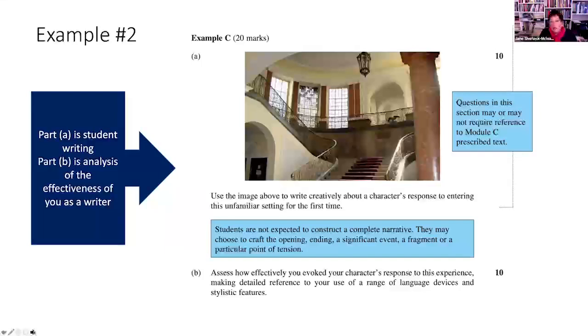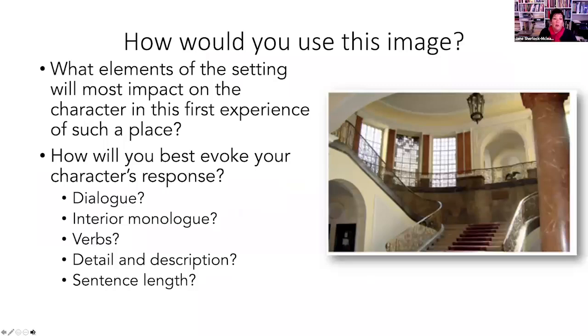In the second sample, that's not necessarily the kind of setting that we're all used to, but you would need to interrogate that. So look what it says. It says to use the image to write creatively about a character's response, and then assess how effectively you evoked it. So this time you're doing the writing, and secondly, you're doing the critiquing.